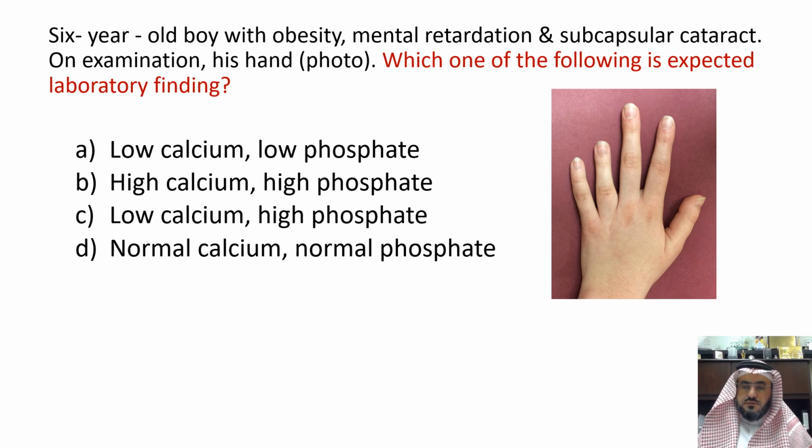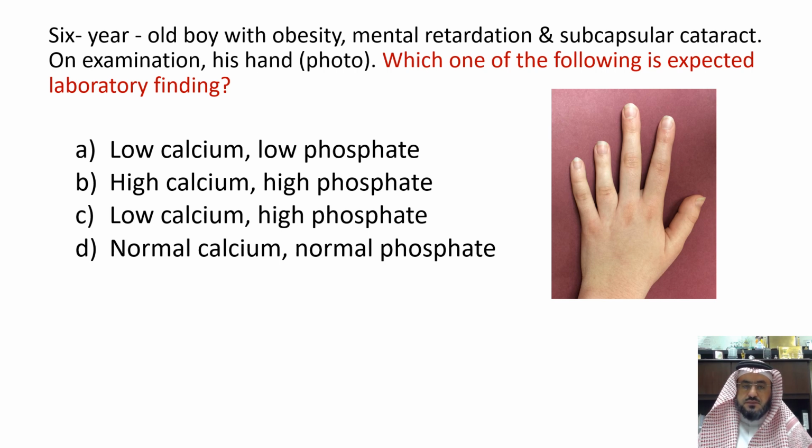So, the same biochemical findings as hypoparathyroidism. The only difference: in hypoparathyroidism, parathyroid hormone is low. In pseudo-hypoparathyroidism, parathyroid hormone is high, but the other biochemical findings are the same.